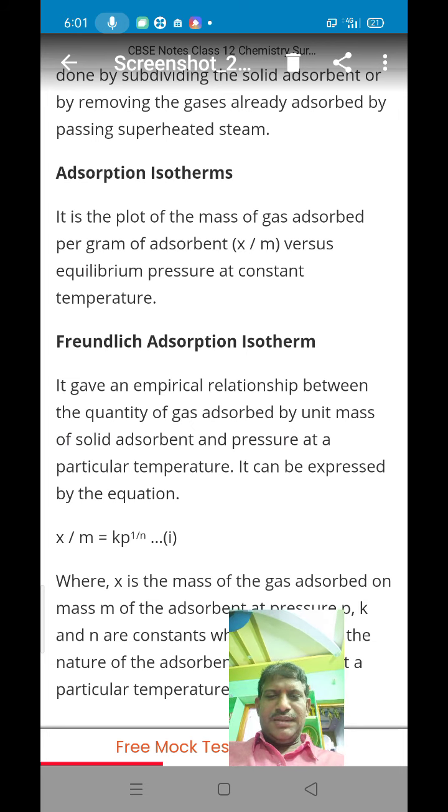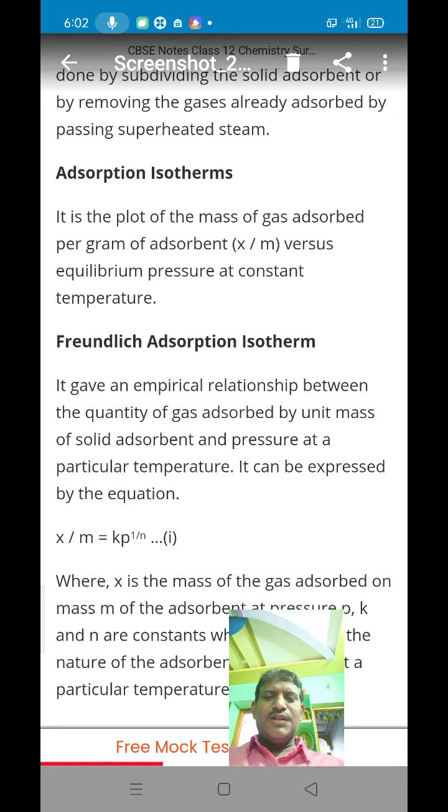Isotherm means curves drawn at constant temperature. Such curves are called isotherms. Adsorption isotherm is the plot of the mass of gas adsorbed per gram of the adsorbent, that means x by m, versus equilibrium pressure at constant temperature.